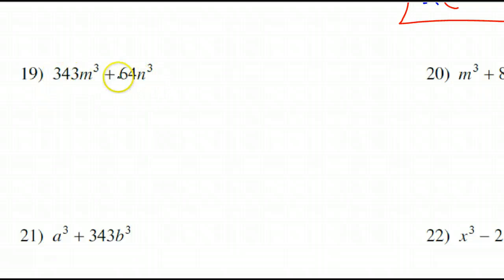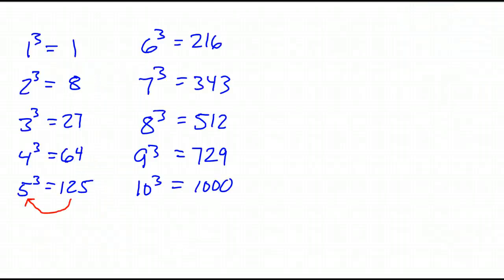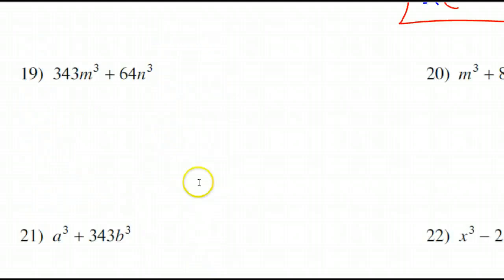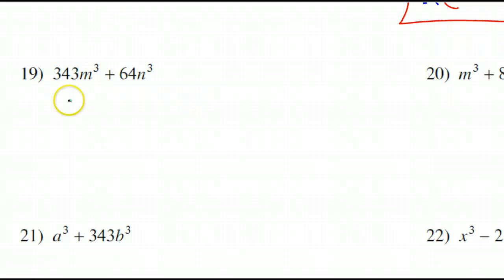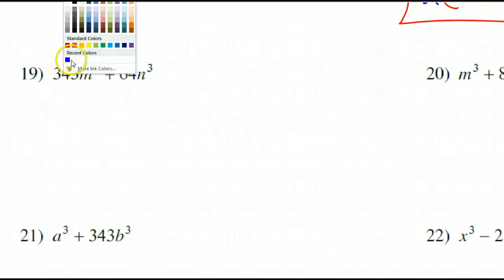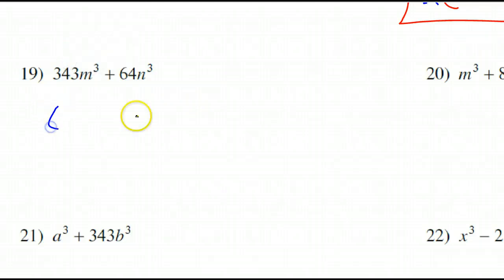There are no common factors, and these are perfect cubes already. 343 and 64. There's my 343. There's my 64. So here we go. I can go straight to my binomial, trinomial situation.